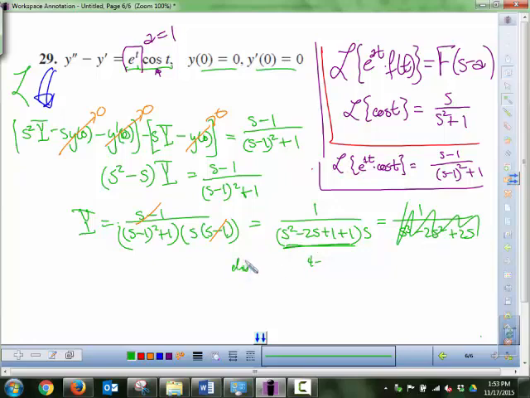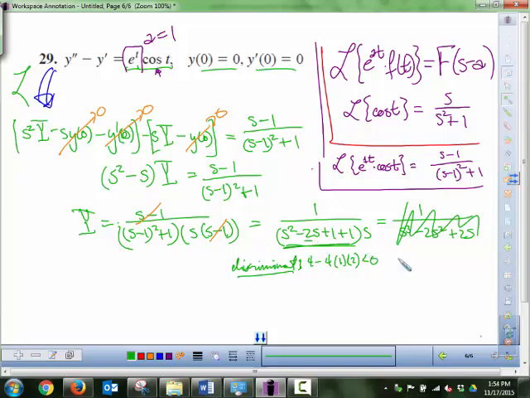Discriminant. So b squared minus 4ac, where a is 1 and c is 2, and this is going to be negative 4. The point is that it's less than 0, so we're going to have complex roots.